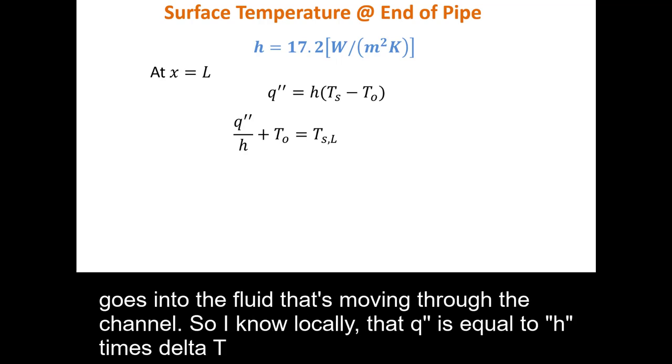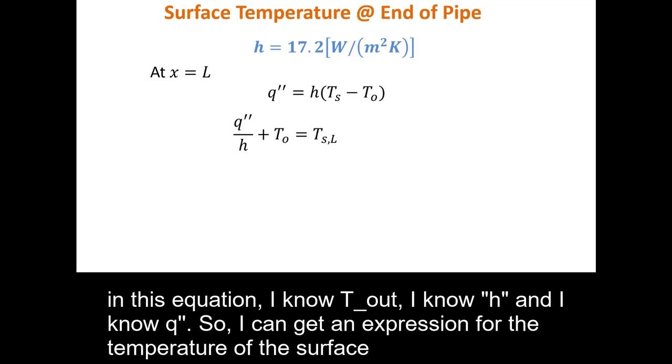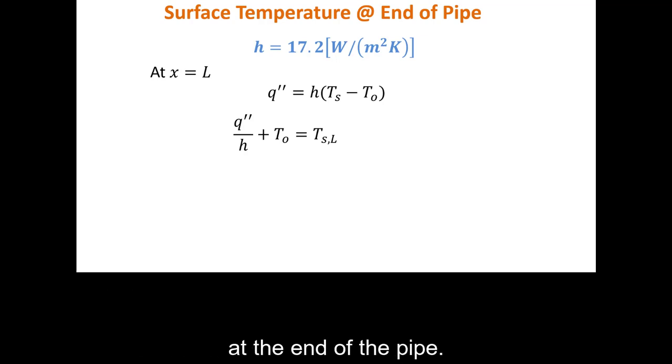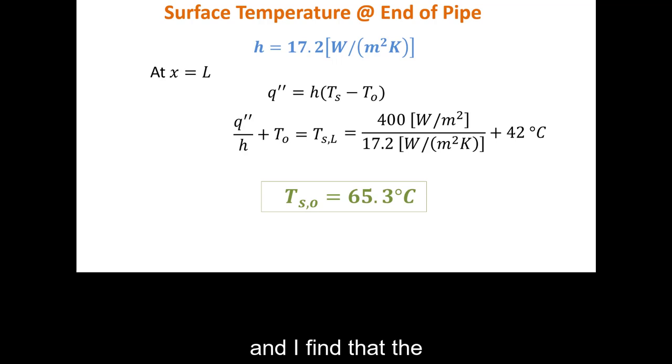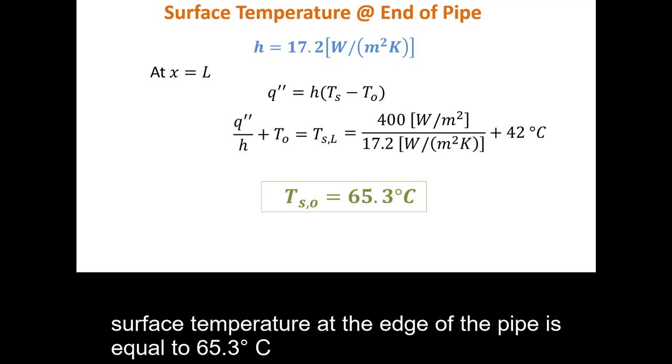So I know locally that q double prime is equal to h times delta T. In this equation, I know T out, I know h, and I know q double prime, so I can get an expression for the temperature of the surface at the end of the pipe. I put some numbers into my calculator, and I find that the surface temperature at the edge of the pipe is equal to 65.3 degrees Celsius.